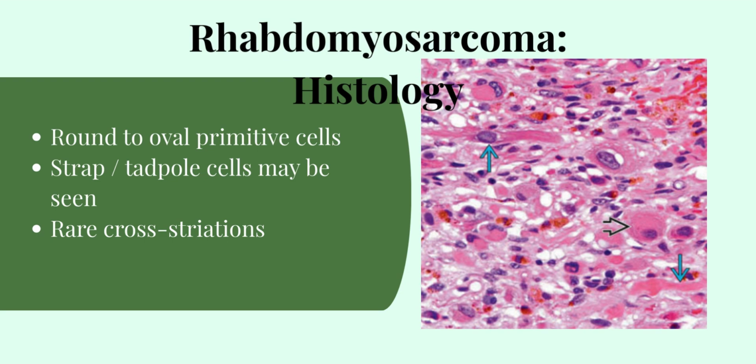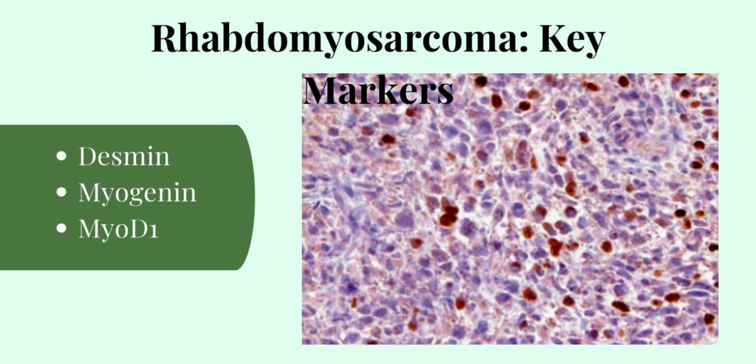Cross striations may occasionally be seen but are not commonly observed. IHC markers such as desmin, MyoD1, and myogenin support the diagnosis by highlighting muscle differentiation. These help distinguish rhabdomyosarcoma from other small round cell tumors.